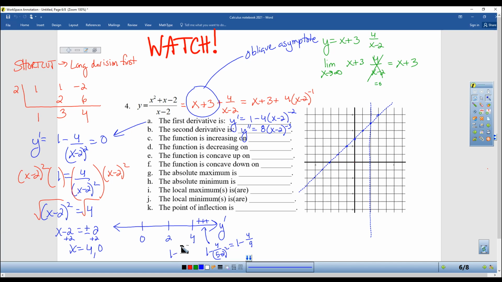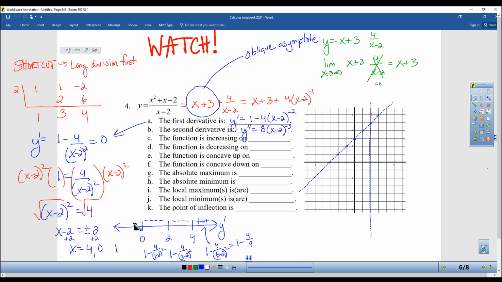For the next one, 1 minus 4 over 3 minus 2 squared. So I'm plugging in a 3, which would be 1 minus 4 over 1, which would be negative. For the next section, 1 minus 4 over 1 minus 2 squared. On the bottom, I get a 1. So 1 minus 4 is negative 3, which is still negative.